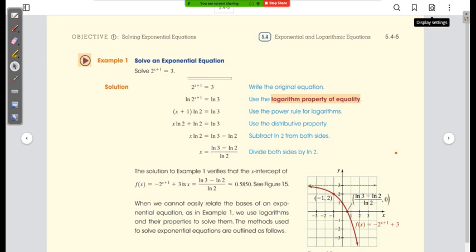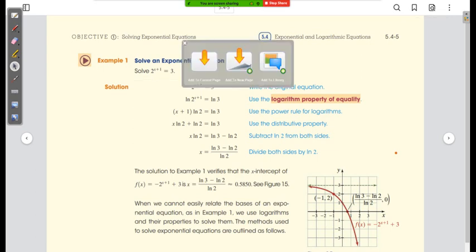And the first example will be that first problem. We can't necessarily relate these bases to one another because 2 and 3 do not have a common base. So what we're going to do is take the natural log of both sides.